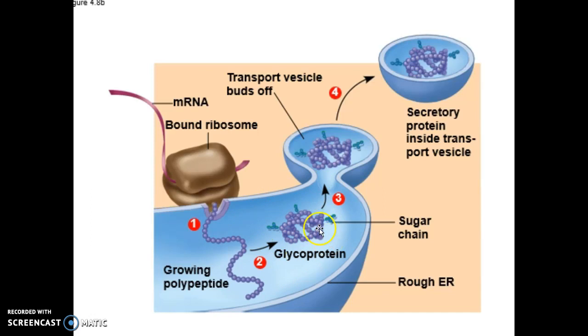That happens by this glycoprotein moving to the end of a membrane system where it can get pitched off and form its own little secretory vesicle. This vesicle is then responsible for taking the glycoprotein to its ultimate destination.